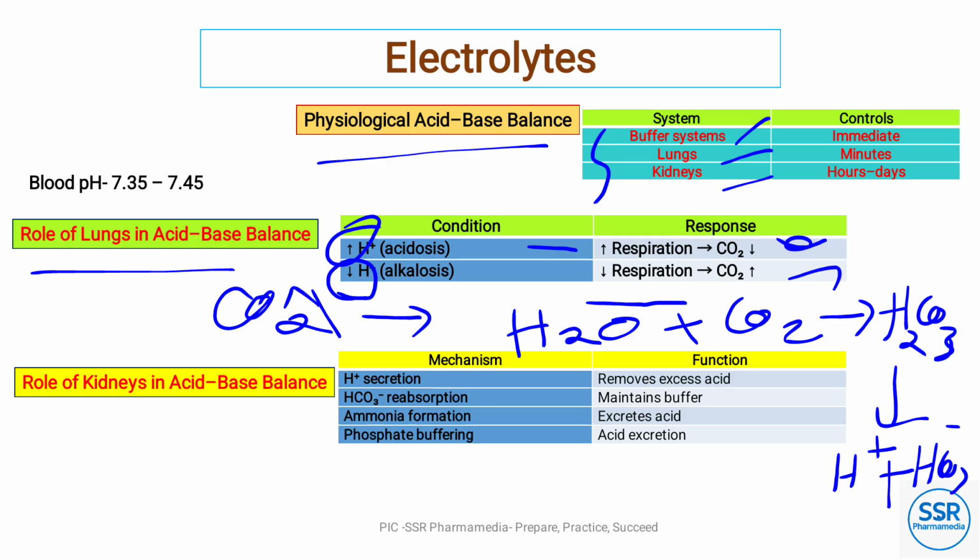Whenever we are walking or jogging, exhalation will be more, so carbon dioxide accumulation will be less. That means increased respiration and less carbon dioxide, so there is no formation of carbonic acid and no formation of hydrogen ion. Hydrogen ion decreased means it leads to alkalosis.